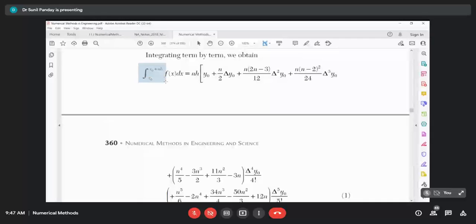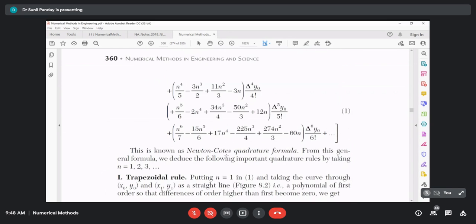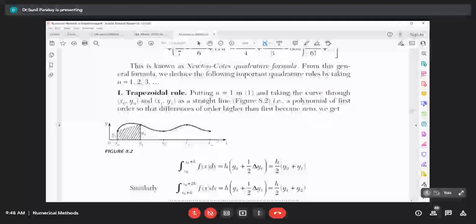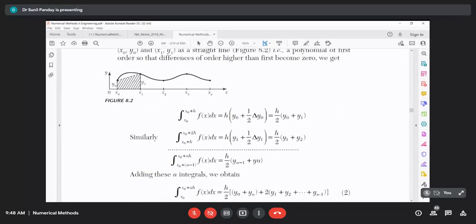Here a is actually x naught and b is xn, and xn is x naught plus nh. This is the Newton-Cotes quadrature formula that we have already derived. Like in the trapezoidal rule, we divide the integration into n subintervals like this.